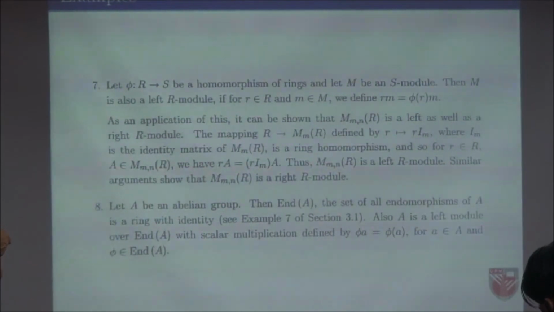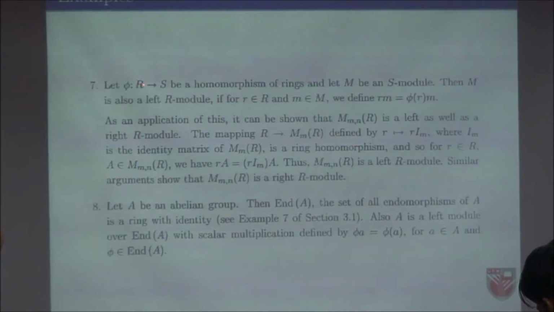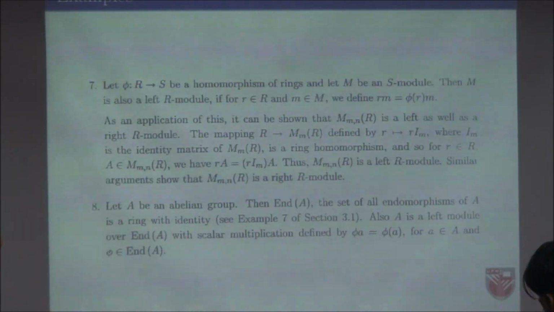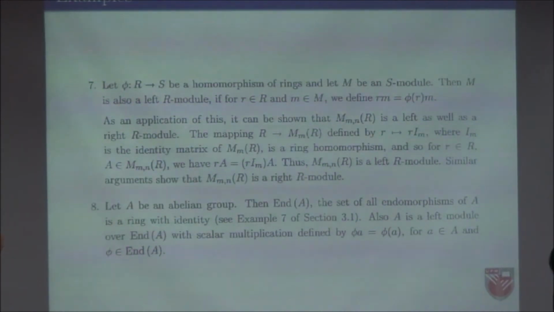Here is an example. Let R and S be rings. Let phi be a homomorphism from R to S. Let M be an S module, a module with respect to S. Then we can acquire an R module structure on our abelian group M. How to do it?